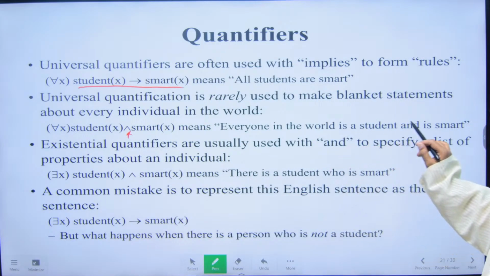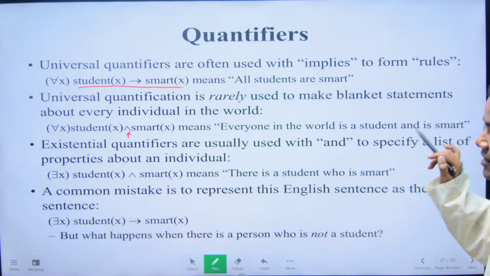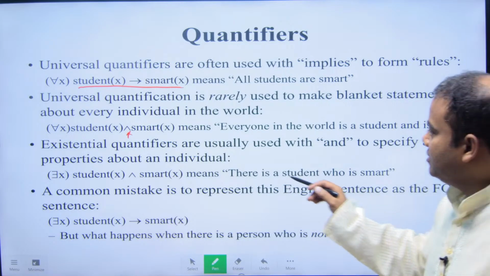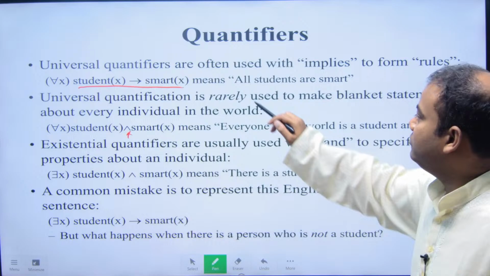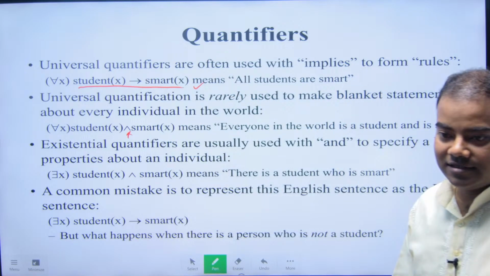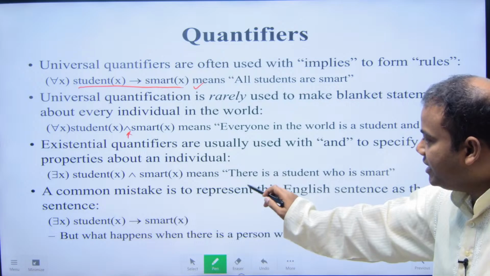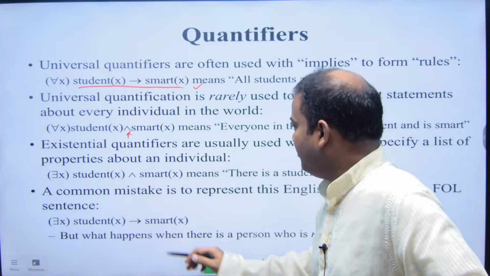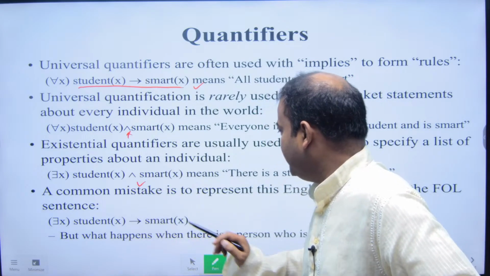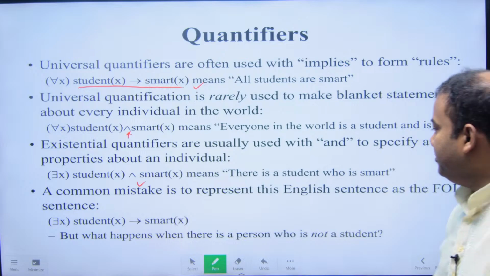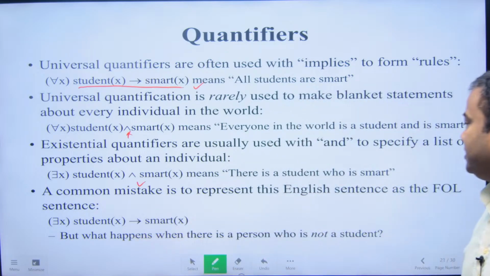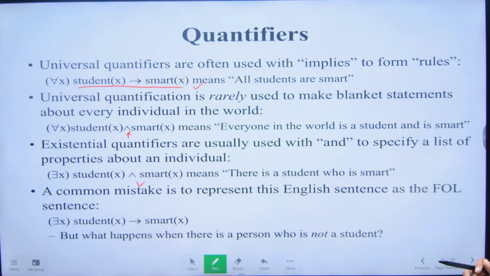Everyone in the world is a student and is smart, like that; it is better to write like this. Is it clear? Similarly for there exists, we will write like this, not like this. A common mistake, if you write like this, it is a mistake. Is it clear? Or any doubt? Okay.